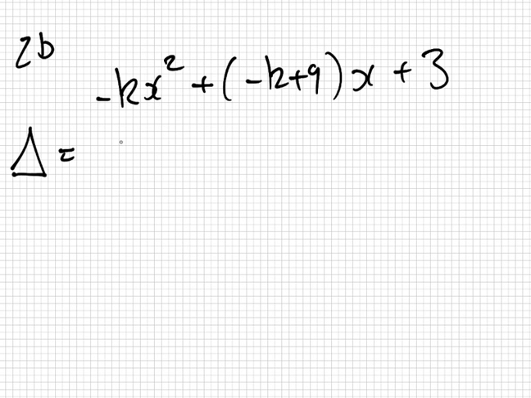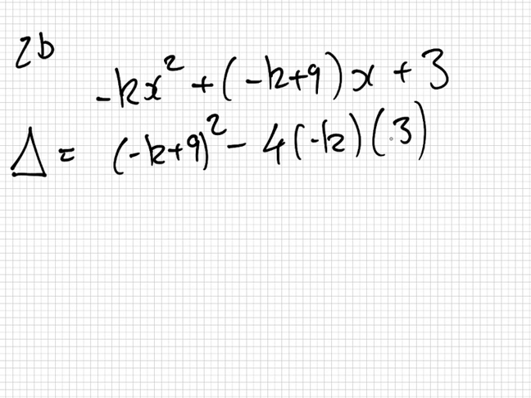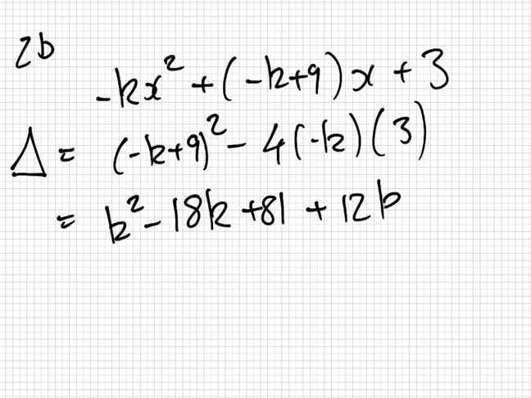So the discriminant is b squared minus 4ac. So that is k squared minus 18k plus 81 plus 12k, which equals k squared minus 6k plus 81.